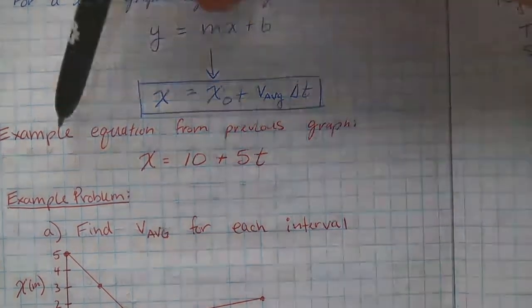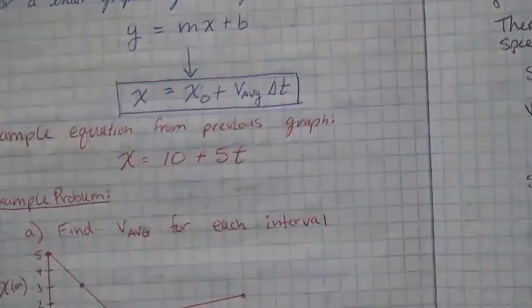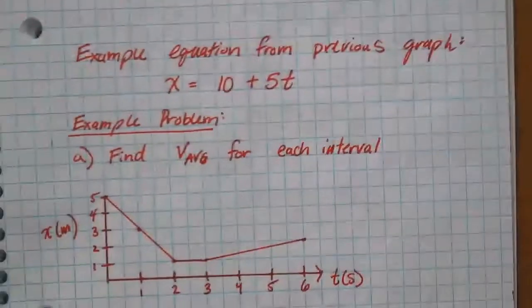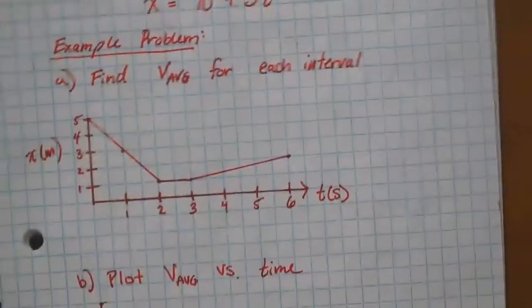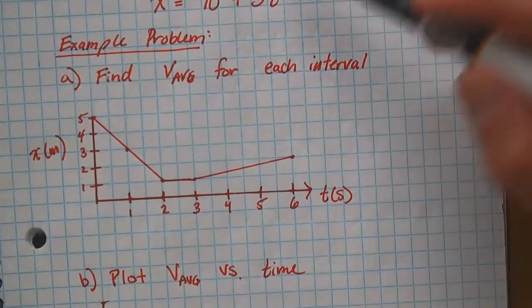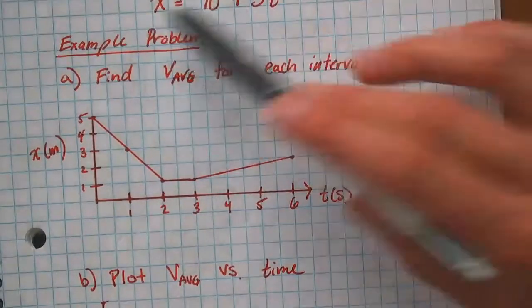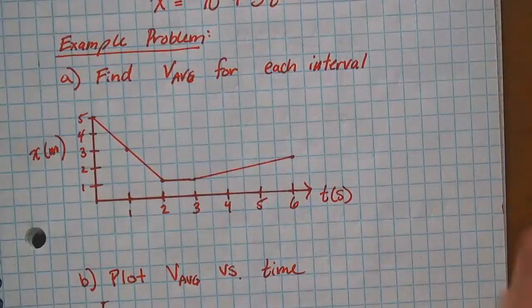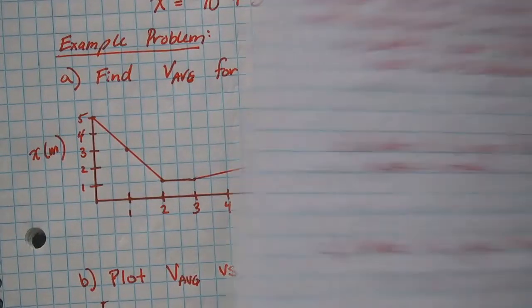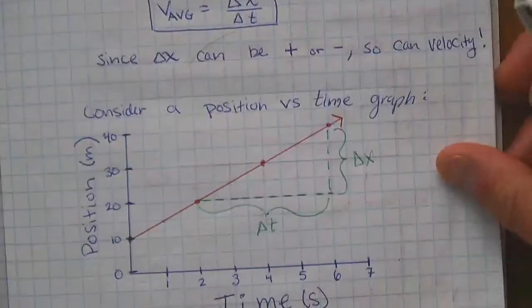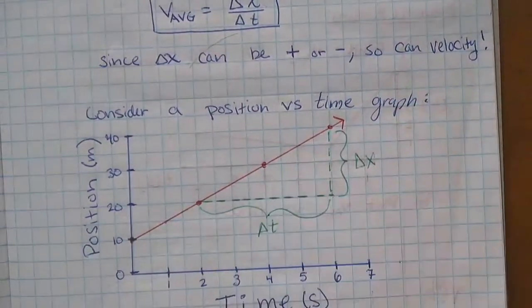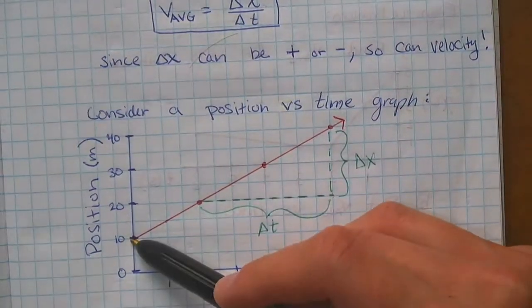So now let's take a look at some example problems. I'm going to flip over to a blank one of these. So here's our example problem. Let's take the equation from the last graph, meaning this graph right here, because its slope was 5 and the y-intercept was 10.